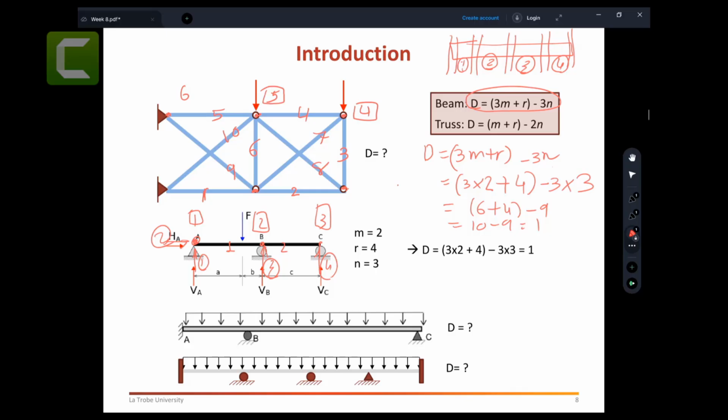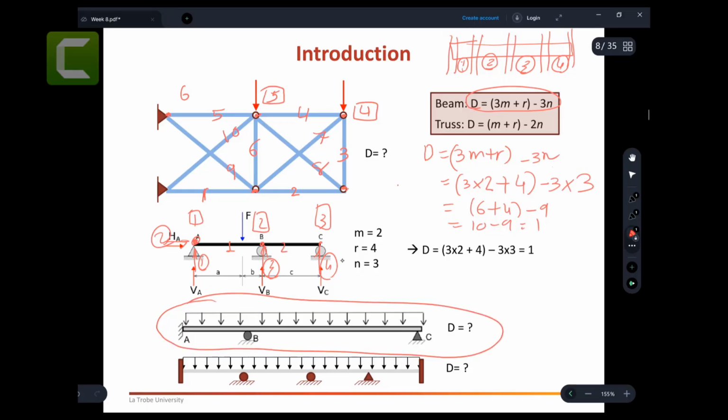Now, students, can you please perform this degree of indeterminacy on this beam and tell me your answers? If you don't want to talk, you can just put your answers in the chat, just the numbers. What would be the degree of indeterminacy for this beam that I just circled?